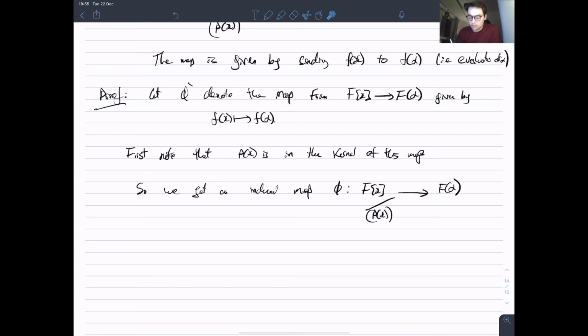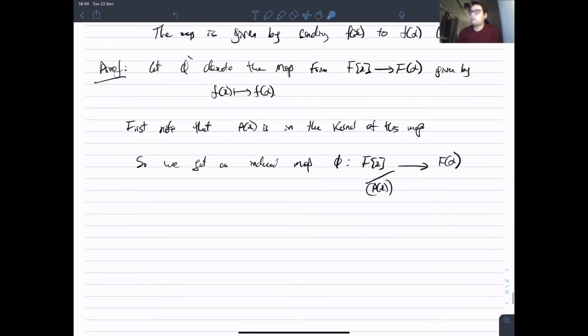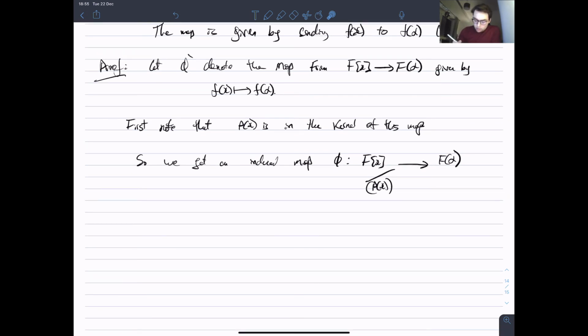You can check if you want, but this means that I have a well-defined map from the quotient to F(alpha). So we want to show phi is an isomorphism. We need to check that it's both injective and surjective.